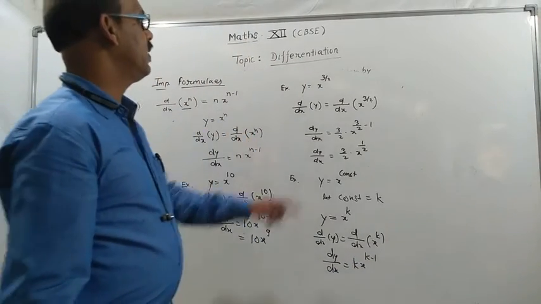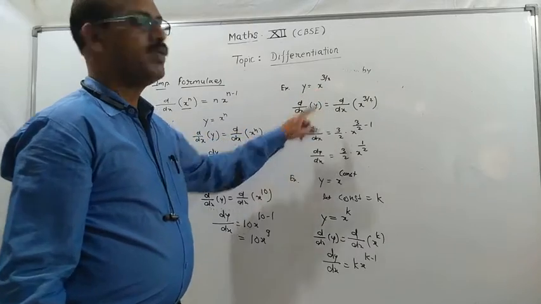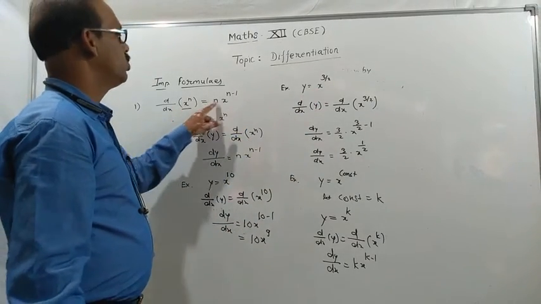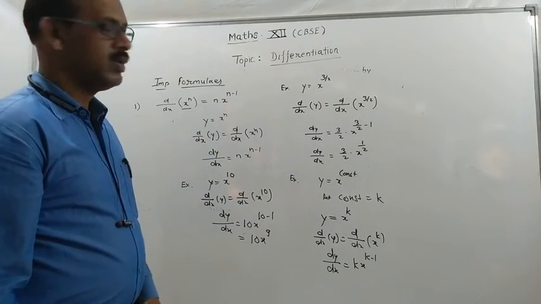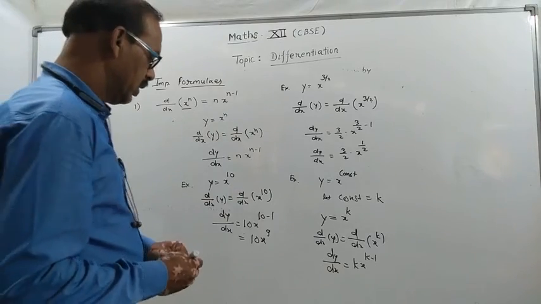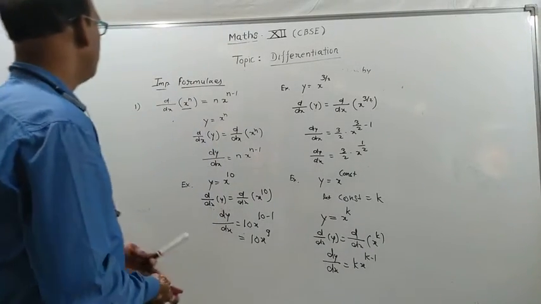So whatever is given in the power of x, we use this formula to obtain the derivative of the given function. Now, this is the first formula.